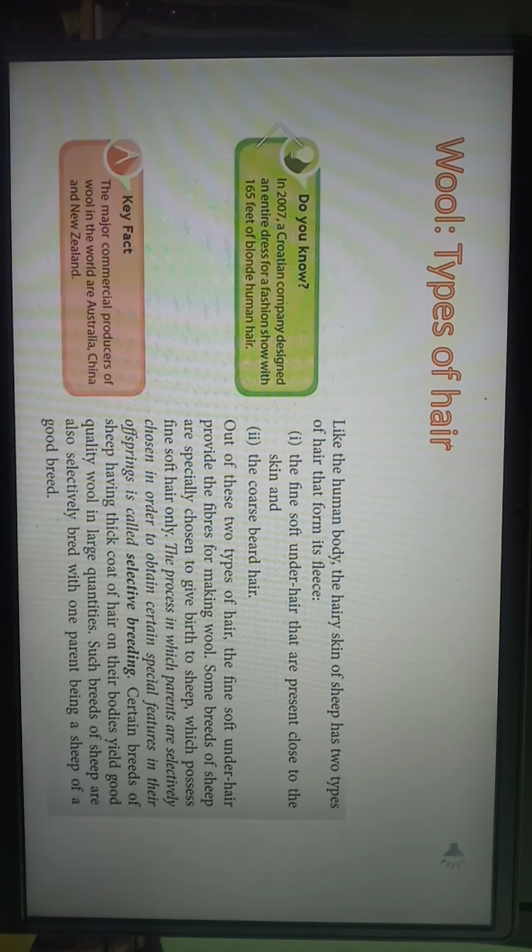Out of these two types of hair, the fine, soft under hair provides the fibers for making wool.